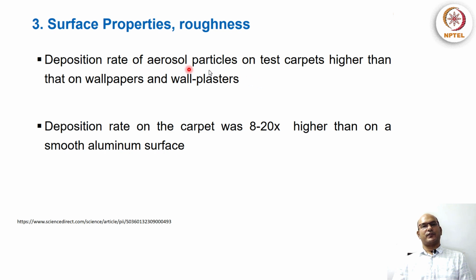Again, deposition rates of aerosols on test carpets were higher than on wallpapers and wall plasters, almost 8 to 20 times higher than the smooth surface. So carpet is more like a rough surface, and it influences the deposition more.